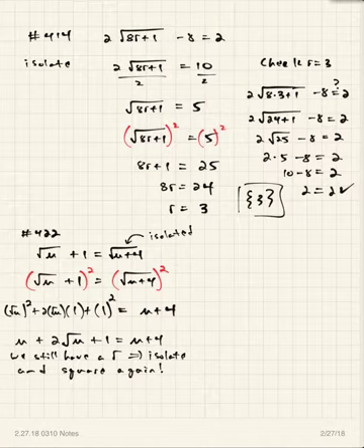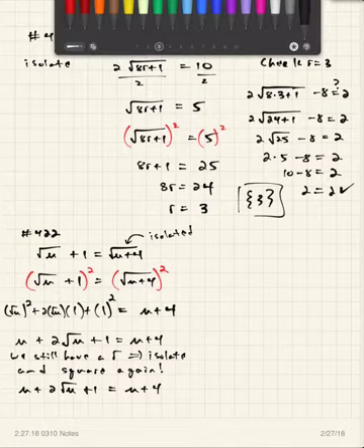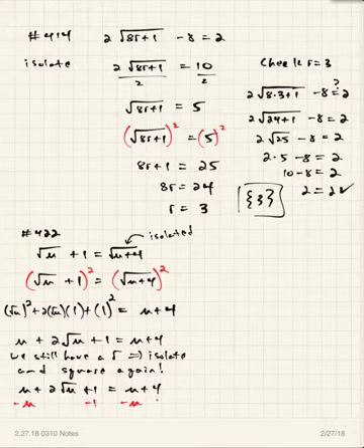So what I've got to do is I've got to, and I'm going to write this equation down again right here, I've got to get this square root by itself. And so what I'm going to do is subtract u from both sides, get rid of the u, and I'm going to subtract 1 from both sides.